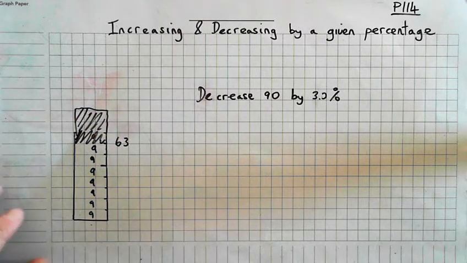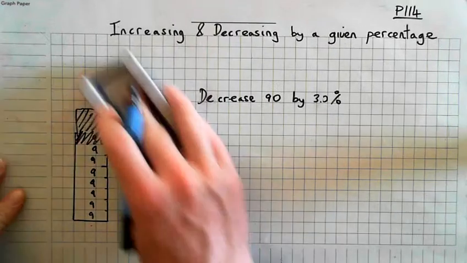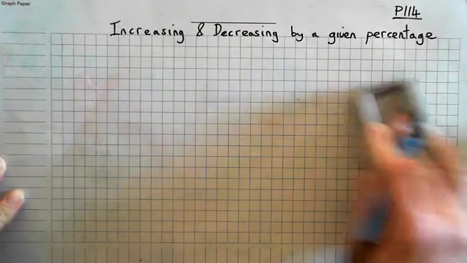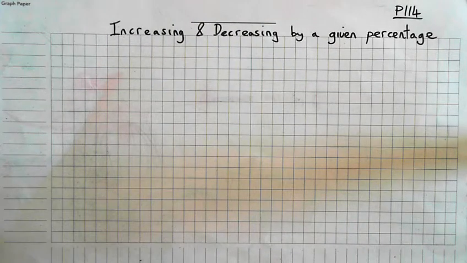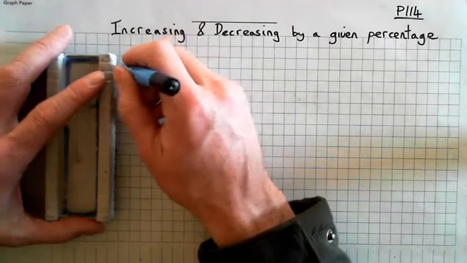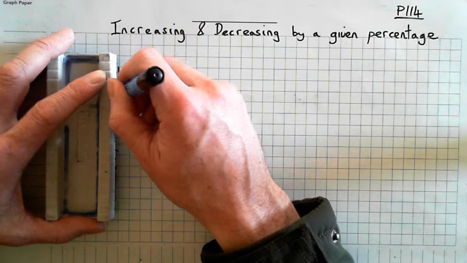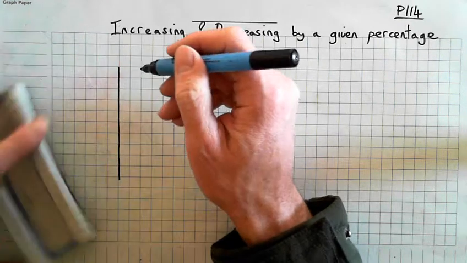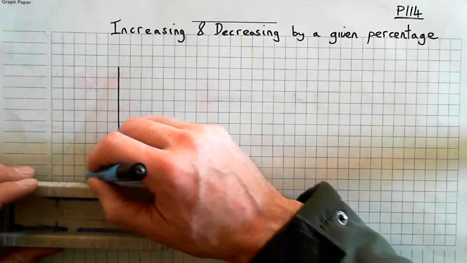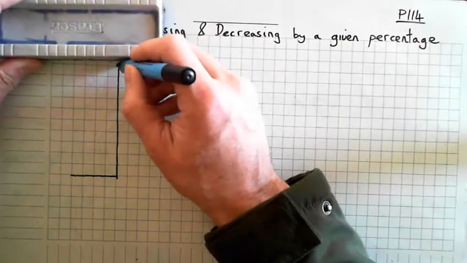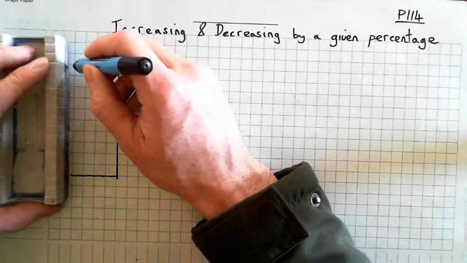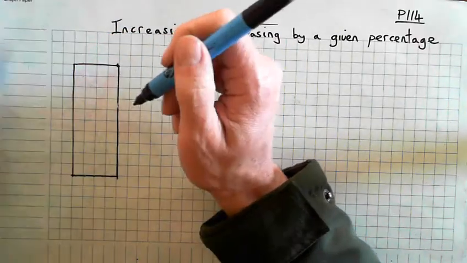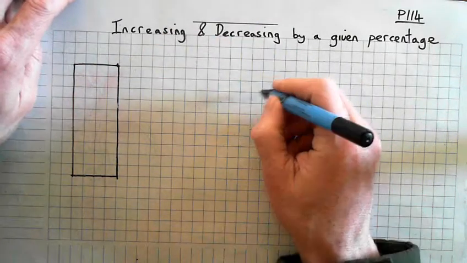Okay? And now we're going to discuss another technique. The other technique we were talking about: 1, 2, 3, 4, 5, 6, 7, 8, 9, 10. So there's my 100% again. Right, so my other technique.